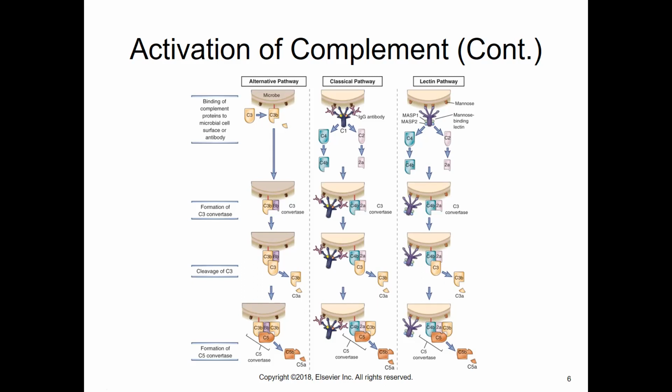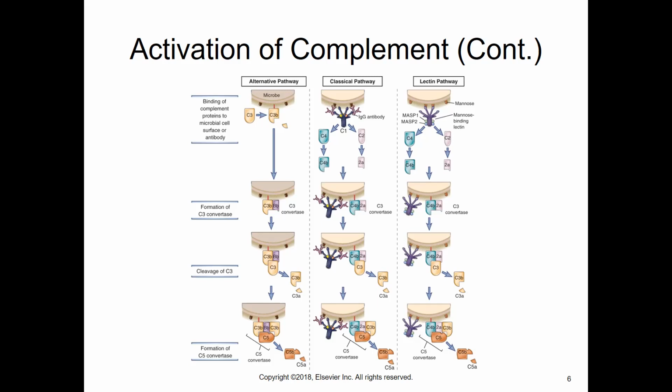And it starts with C1. These don't go in order, unfortunately. It's not 1, 2, 3, 4, activates 5, 6, 7. It goes like 1 to 4 to 2. It's crazy. But anyway, C1 is what starts it.